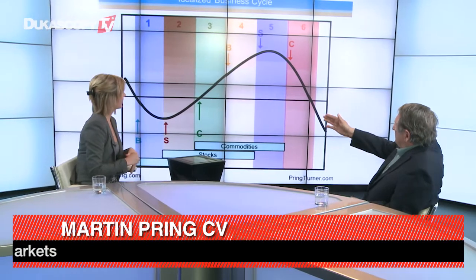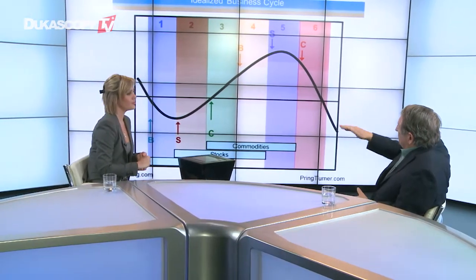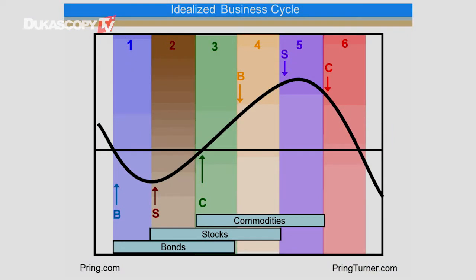Okay, and can you tell us a little bit about the methodology itself, really? Yes, we'd be very happy to. The black curve here represents the growth path of the economy, and the letters B, S, and C represent the turning points of bonds, stocks, and commodities where they appear in the business cycle. And so you can see that if it's possible to identify which stage you're at, you know which assets to put your money in. So, for example, in stage one, which starts off when bonds are bullish and the other two markets are bearish, you allocate money to bonds and to interest-sensitive stocks.